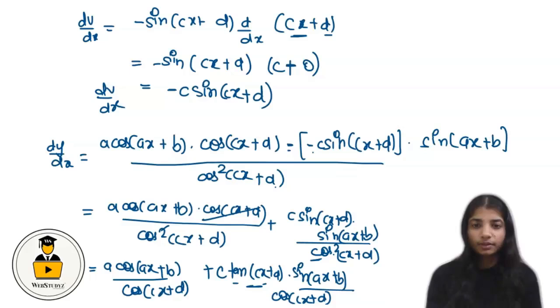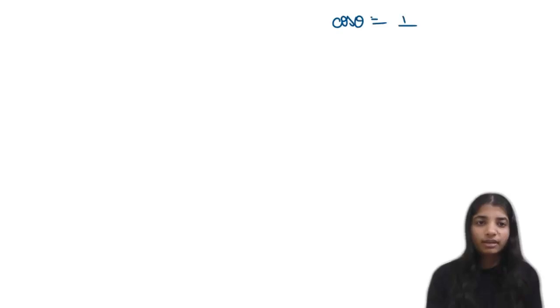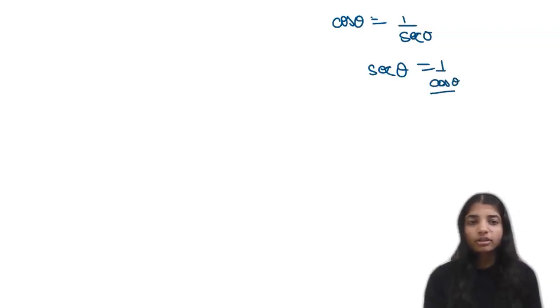So now we have cos of cx plus d in the denominator. We know that cos of theta is equal to 1 divided by secant of theta, so we can write secant of theta as 1 divided by cos of theta. So we are going to convert cos of cx plus d into secant of cx plus d.